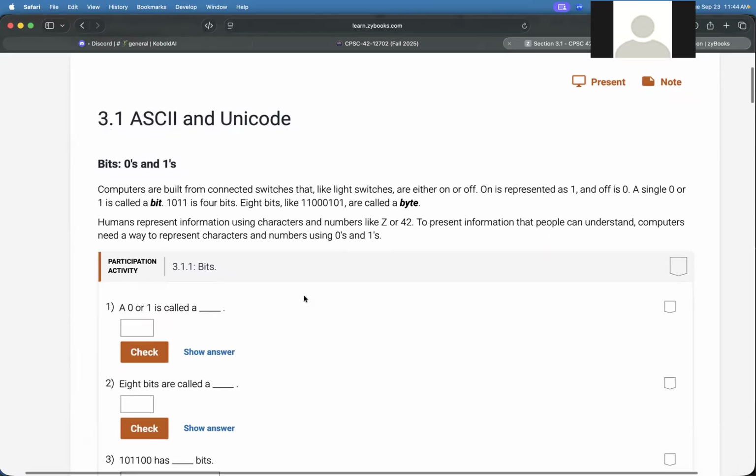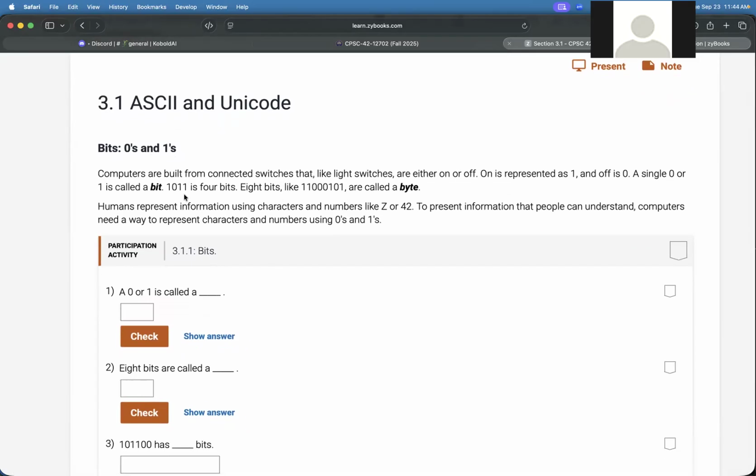All right, but we can look at this. Let's look at 3.1. So bits, zeros, and ones, you should be familiar with this. A single 0 or 1 is a bit. If you group them, 1 0 1 1, that's 4 bits, right? 8 bits, which they have there, that's a byte.